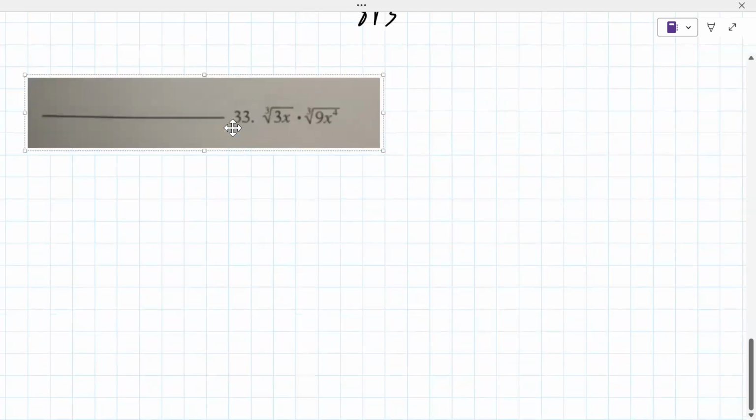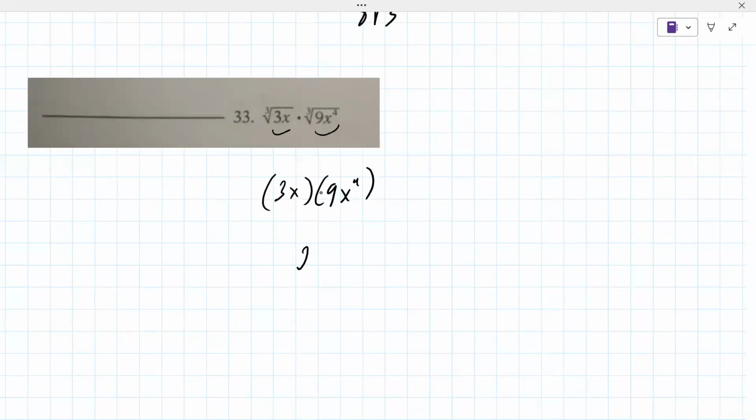Next one here, slightly different strategy here. But we're gonna multiply what's underneath the roots times each other. So 3x times 9x to the fourth, that becomes 27x to the fifth.